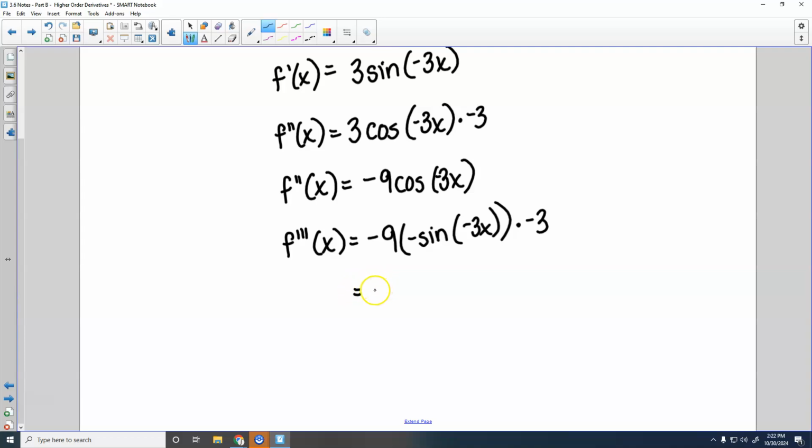And so for that one, I will get my f triple prime of x is negative 27, right? Because I got negative 9 times negative 3, but I also have this negative right here, so that's going to be negative 27 sine of negative 3x. So trig is one that they will give you repetitively.